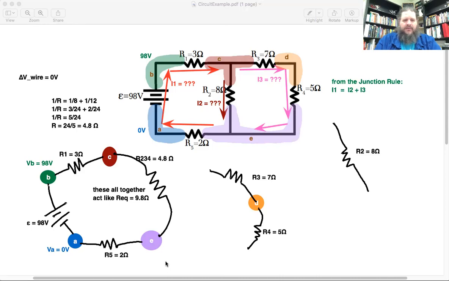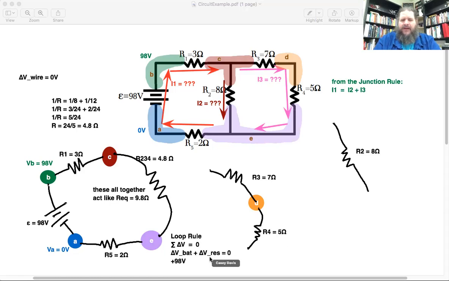Because if we write out the loop rule for this, generally the sum of the delta voltages in a loop should add up to 0. In this case, the delta voltages are just the battery, which is 98 volts, and the delta voltage of the effectively one resistor, all the series resistances added together. So for the battery, we just got plus 98 volts.